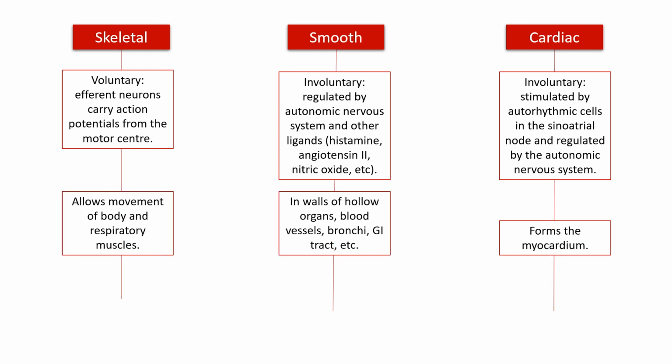So skeletal in terms of overall function allows movement of the body, but also the respiratory muscles. Now you're probably thinking, hang on a minute, she just said that skeletal muscle is voluntary, but we don't have to think about breathing, so we don't have to think about respiratory muscles.